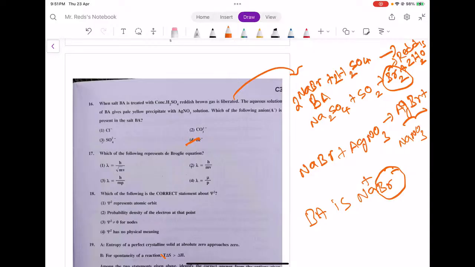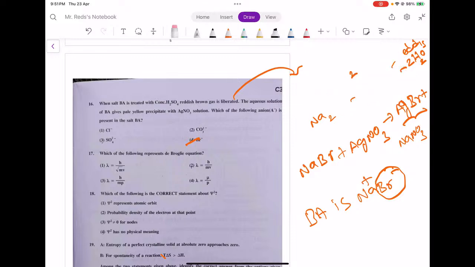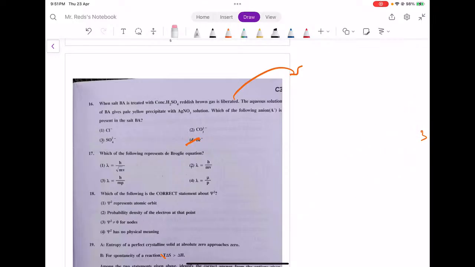Next, go to the 17th question, students. Which of the following represents de Broglie's equation? This is a direct question from atomic structure. De Broglie's wavelength is equal to h by mv. h is Planck's constant, m is the mass of the particle, v is the velocity of the particle.